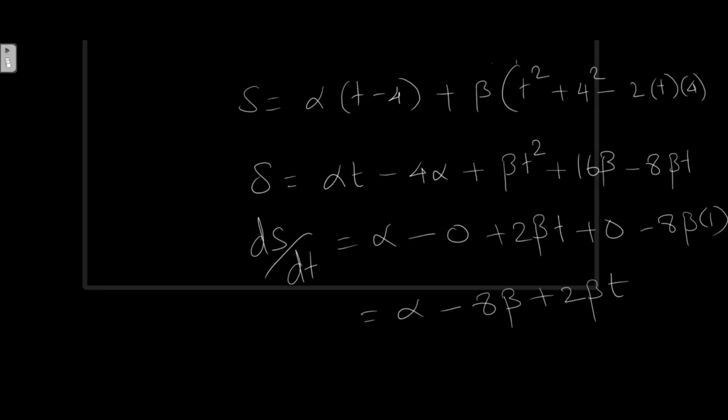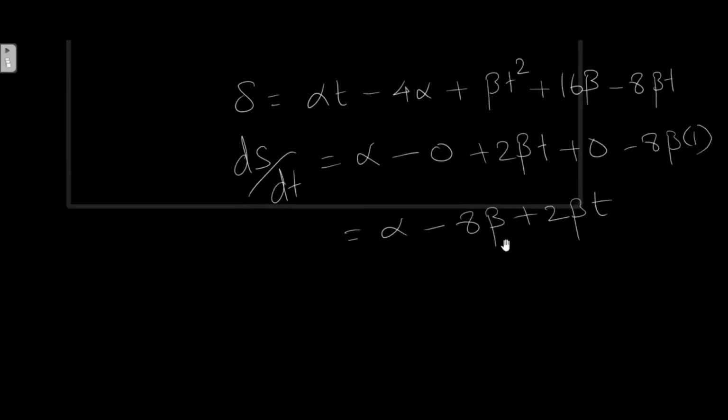So this is the velocity. Just taking alpha minus 2 beta common, 4 minus t.